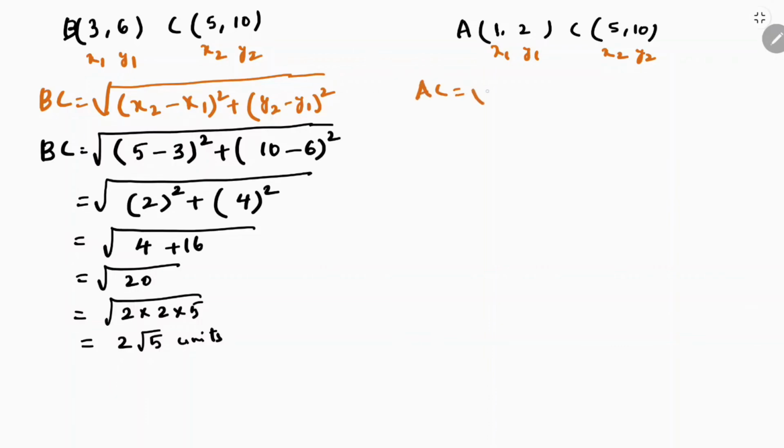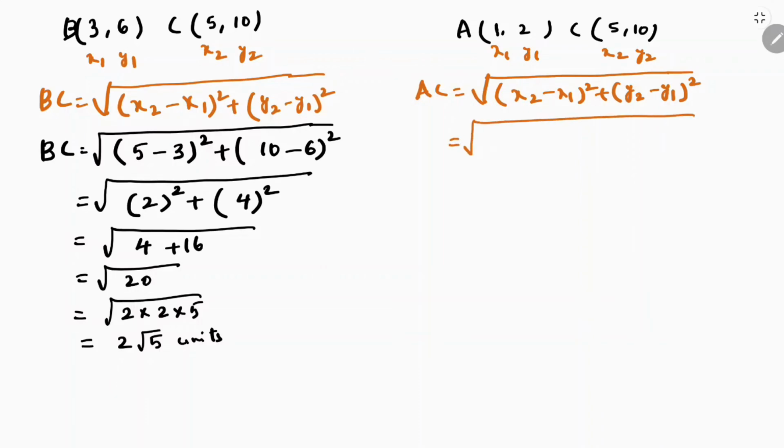Again the distance formula is under root x2 minus x1 whole square plus y2 minus y1 whole square. So the distance AC is under root.